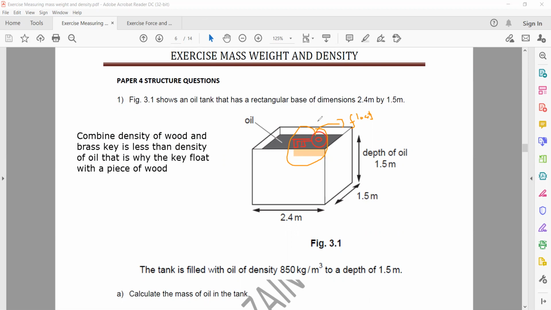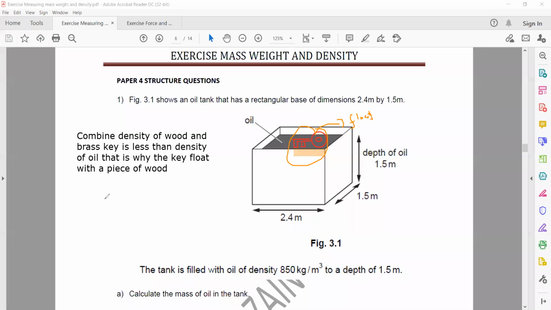So when a key is placed with a piece of wood, the combined density, the total density of the key and the wood, is less than the density of the oil. That's why it is floating. Because, Abdullah, the volume is also increasing.